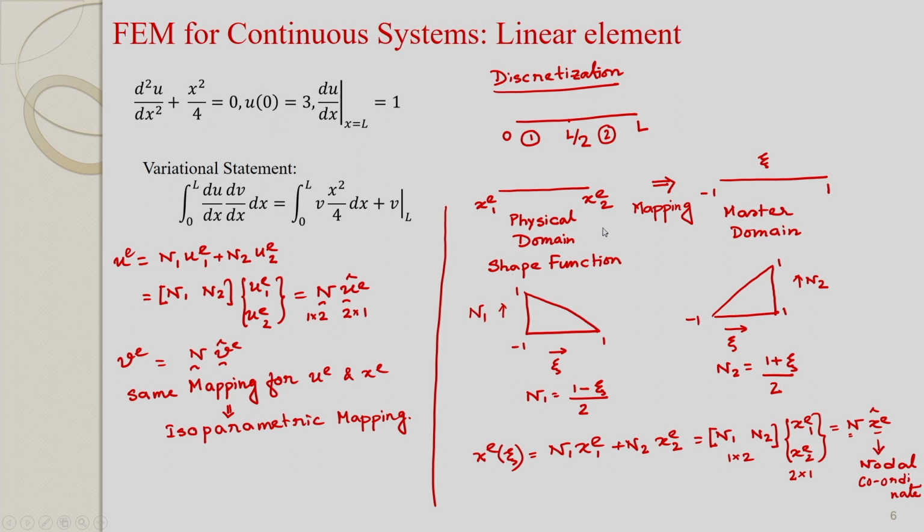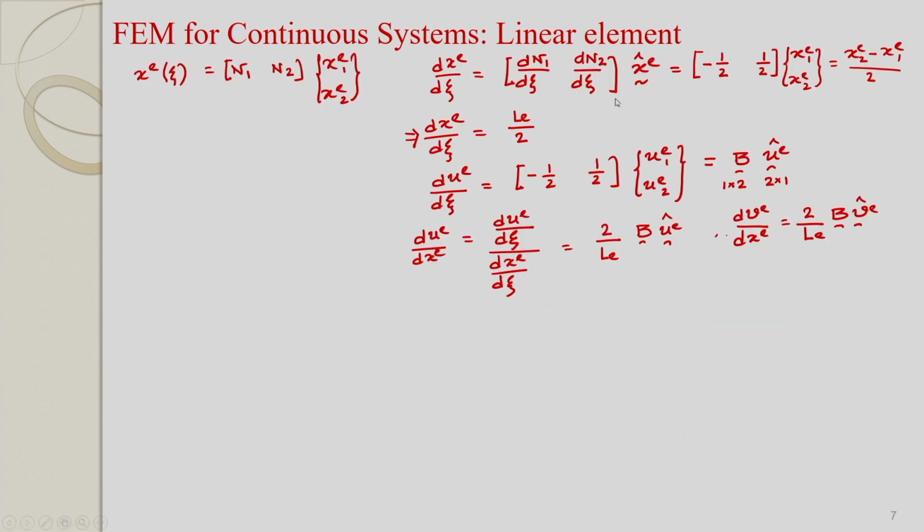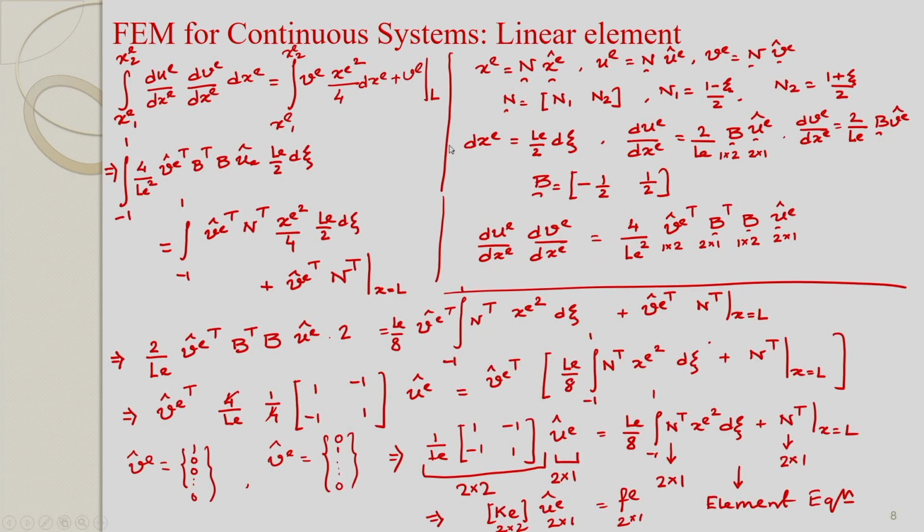There is one mapping involved in order to use the Gaussian quadrature rule of integration. We get this relation using the chain rule of differentiation, and then we construct the elemental equation for any arbitrary element between xc1 and xc2.